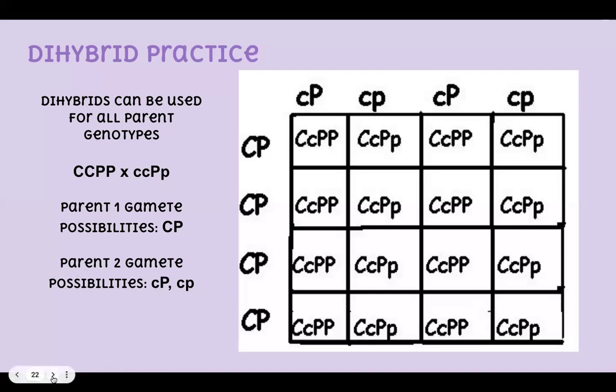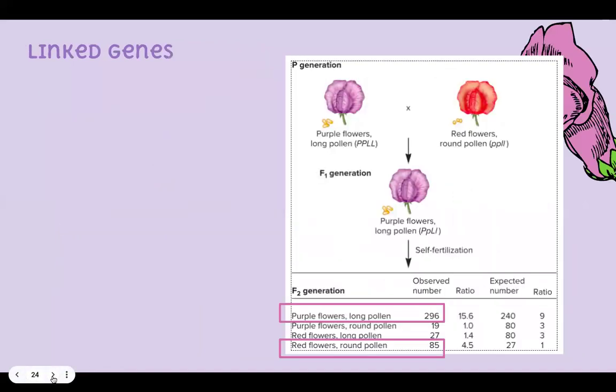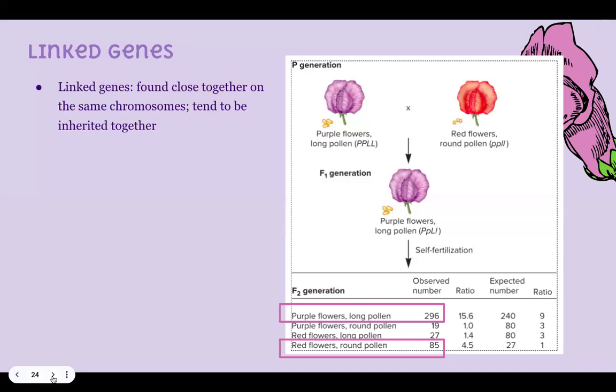Okay. All right. Now, we said that the dihybrid cross works for genes that are going to separate independently of each other. They're far away on a chromosome, or they're on completely different chromosomes. They're not going to be inherited together. But actually, sometimes there are genes that are inherited together. Those are called linked genes.